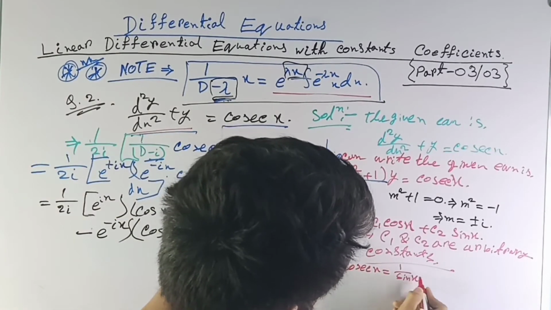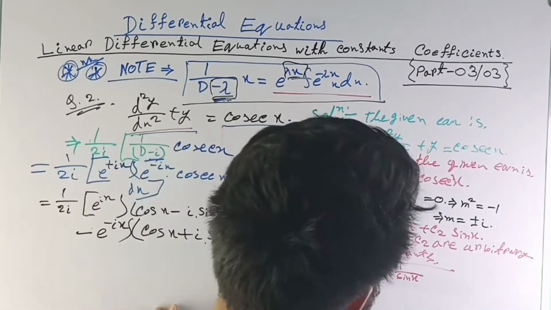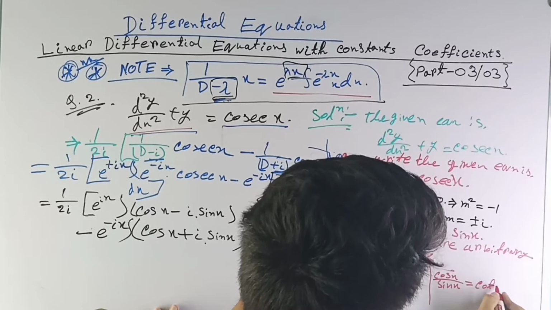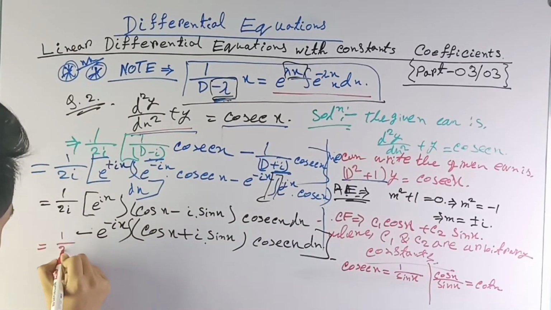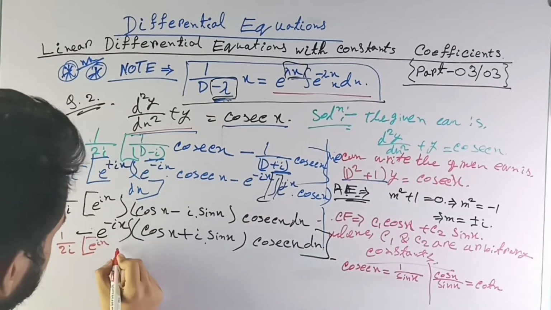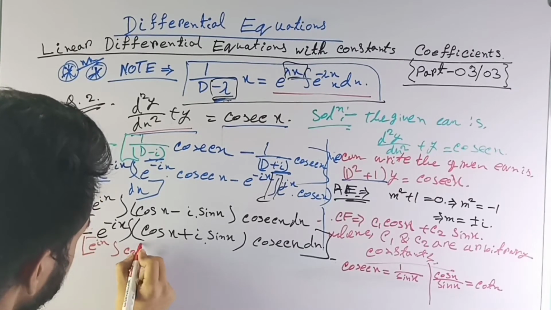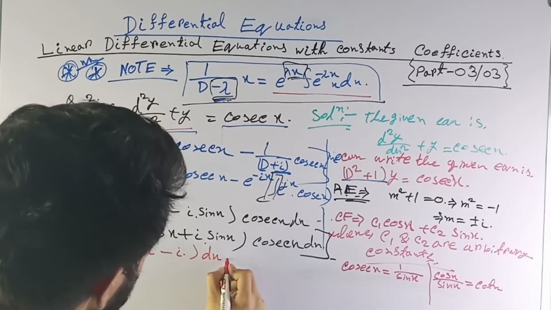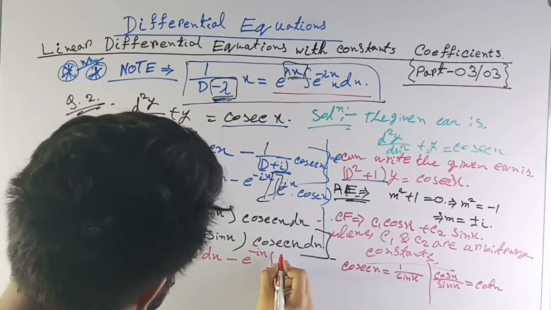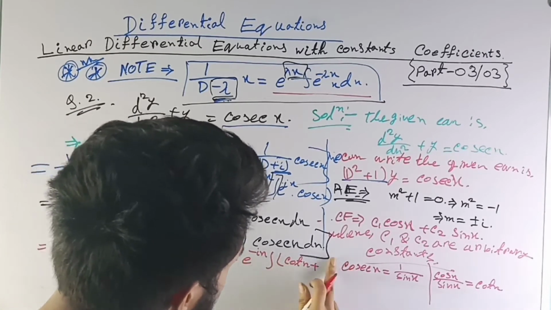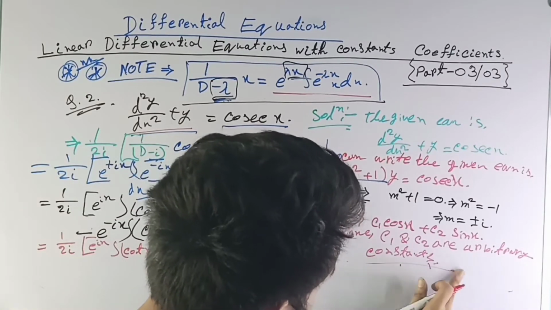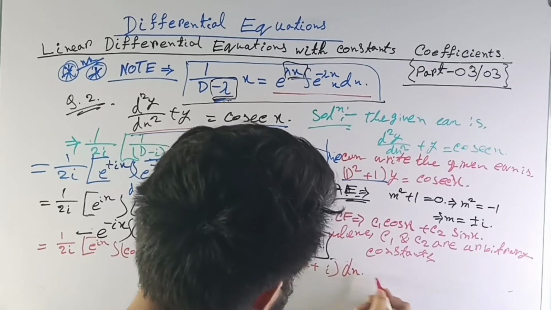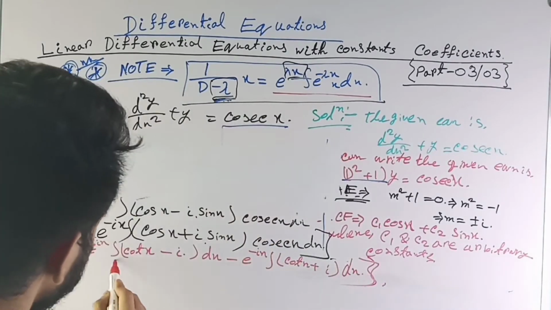Now cosec x is equal to 1 by sin x, we know also. So cos x by sin x equals, we know also, cot x. Therefore it's coming 1 by 2 iota of e to the power ix of the integration of cot x minus i of 1, dx, whole of dx, minus e to the power minus ix of cot x plus i dx, that's it.